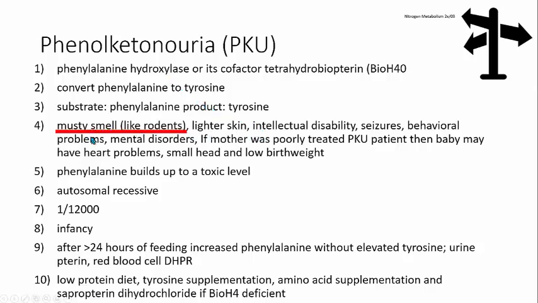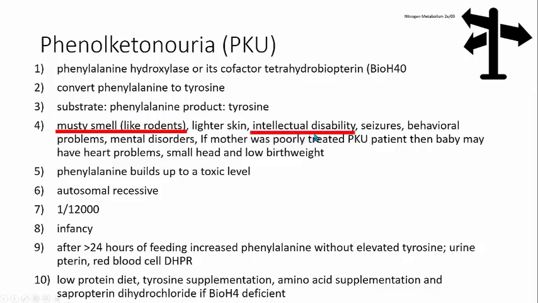The most telling part of the diagnosis of this disease is that the patients smell as though they have been keeping or holding a lot of rodents. They have a very musty smell, much like you smell in a mouse or rat cage. They tend to have slightly lighter skin than their family members, but often we do not see all of their family members, so that's a harder phenotype to detect.